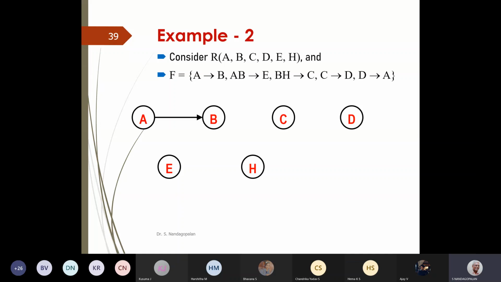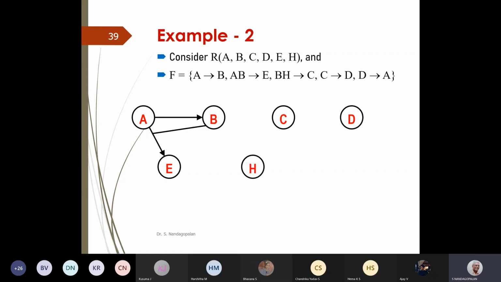AB arrow E. So both A and B, you should start writing edges towards E. You can see that it ends with E because E is the dependent side, AB on the determinant side. That's why dependent side cannot be formed as a key. That's the reason why we don't take into account.